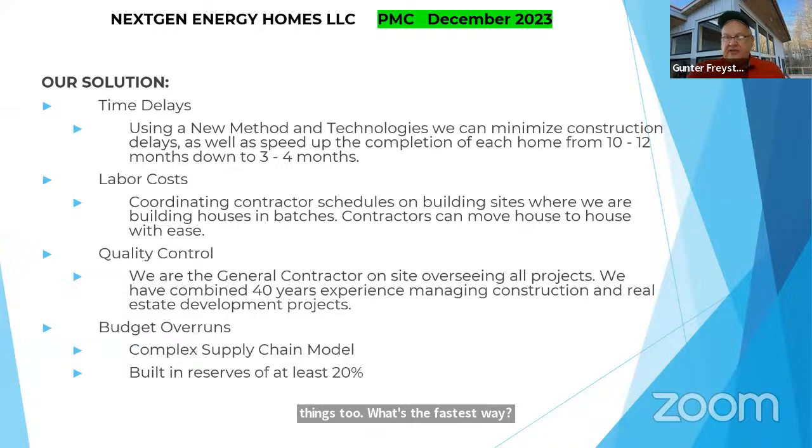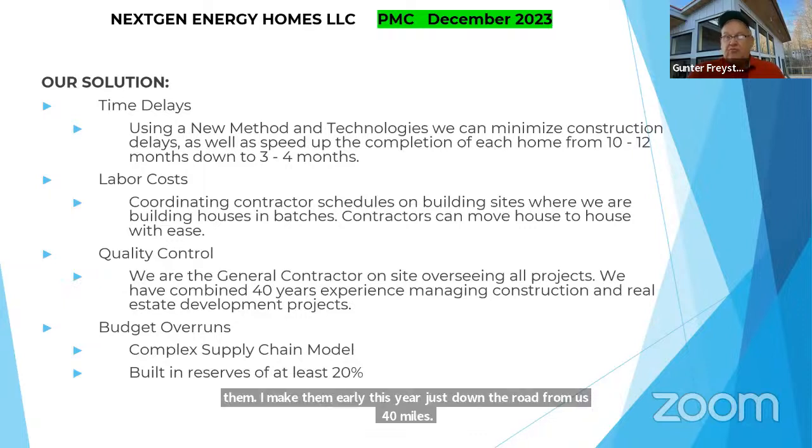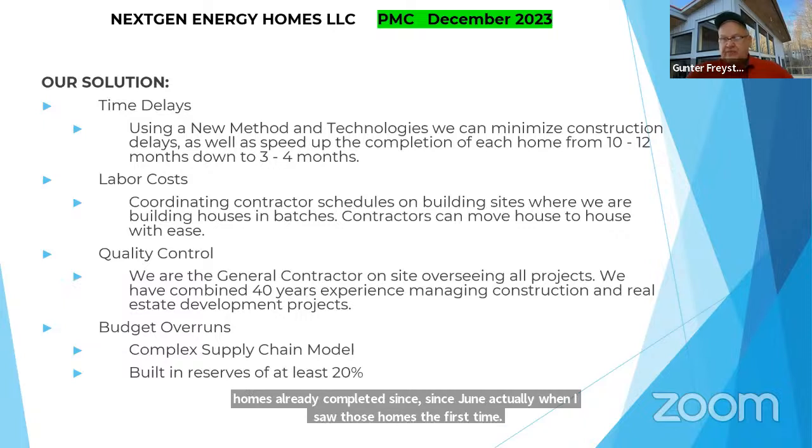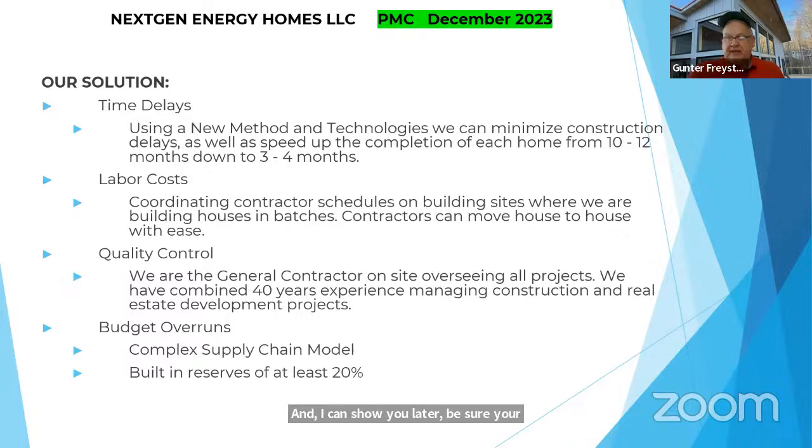Worst case scenario, 120 days. And I watched them. I met them earlier this year, just down the road from us, 40 miles. They're building 150 homes right now. About 100 homes already completed since June, actually, when I saw those homes the first time. And I can show you later, we'll show you a video of how these homes are being built.